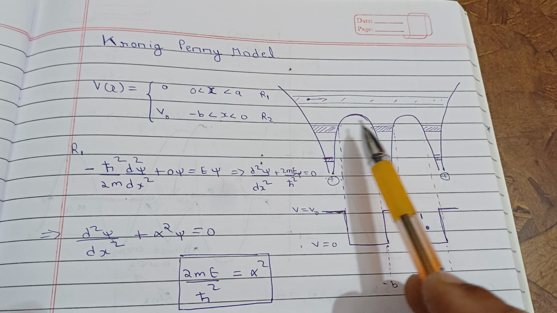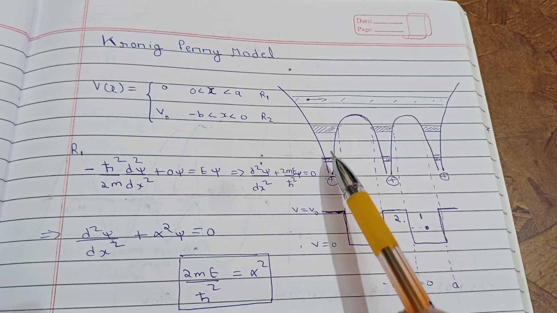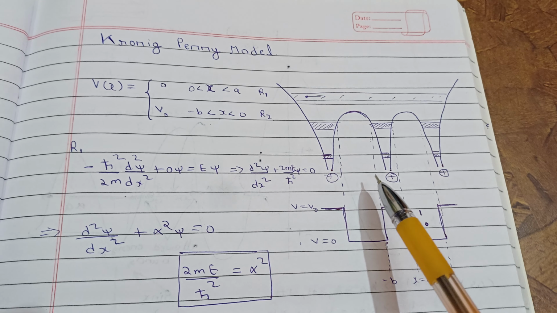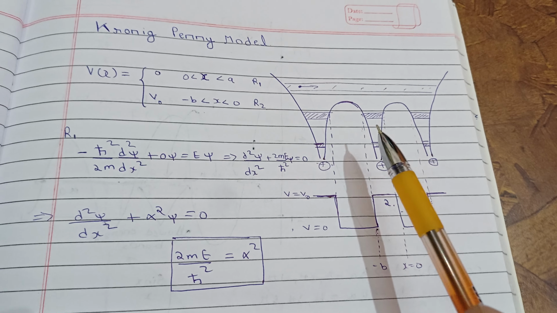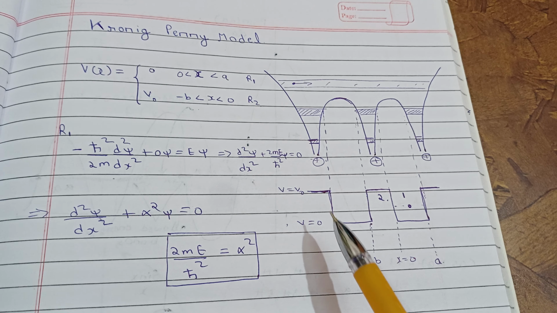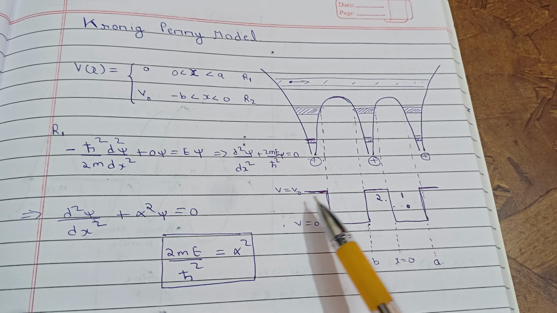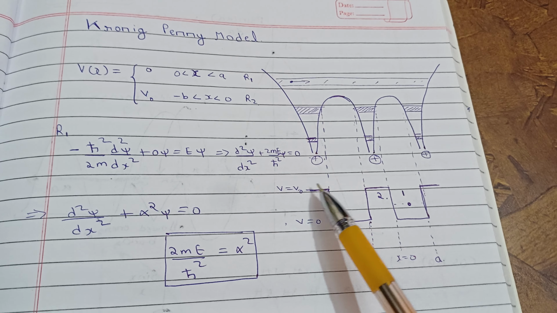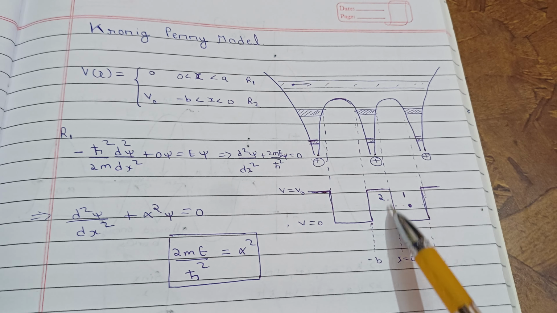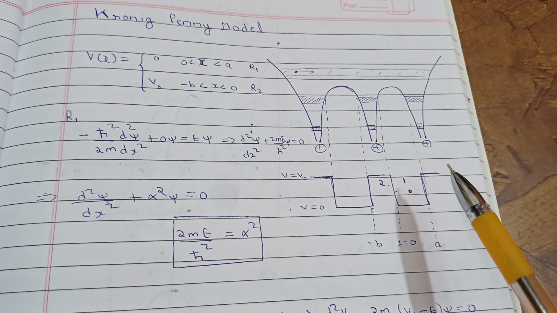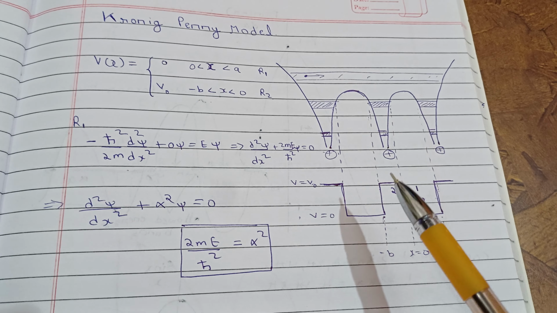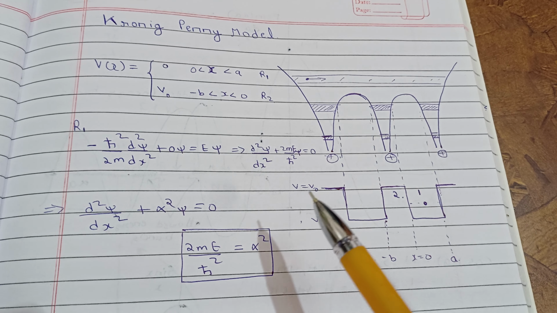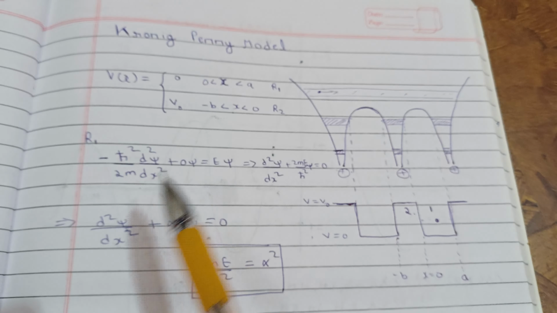Here the electron will be free to move and there will be a sharp decrease or increase. So we can denote this graph like this also. In this region we will say that potential is 0, then there is a sharp increase, and we can denote it like this.